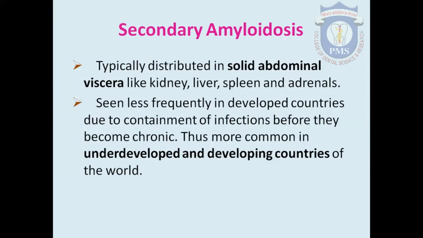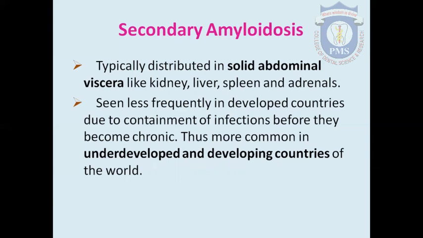Secondary amyloidosis is typically distributed in solid abdominal viscera like kidney, liver, spleen, and adrenals. Seen less frequently in developed countries due to containment of infections before they become chronic.